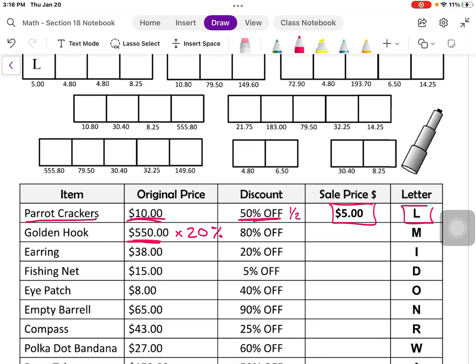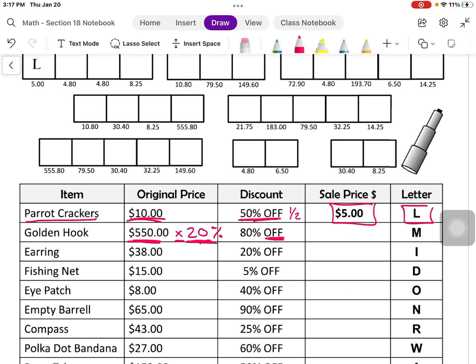Okay, now when it says 80% off, it gets a little trickier. Remember, this says 80% off. If I take 80% off, how much is on? How much am I actually paying for? Well, I'm actually paying for 20%. And if I'm paying 20% of this original price, then I have to take 20% times the original price.